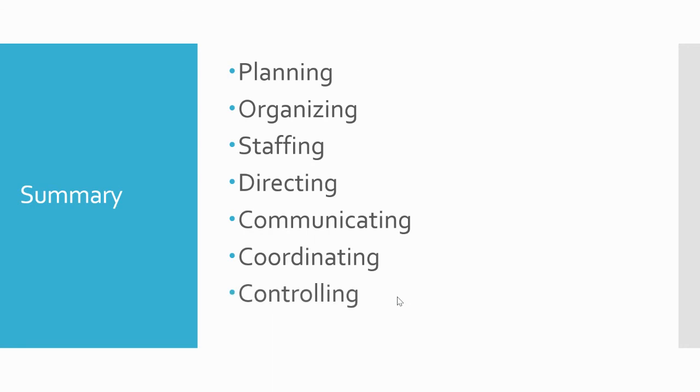And controlling. Controlling enables them to compare the planned activity with the actual results they have achieved. These are the six functions involved in office management.